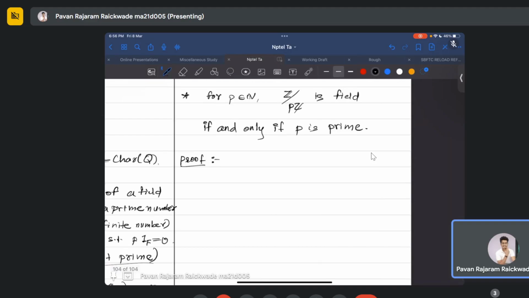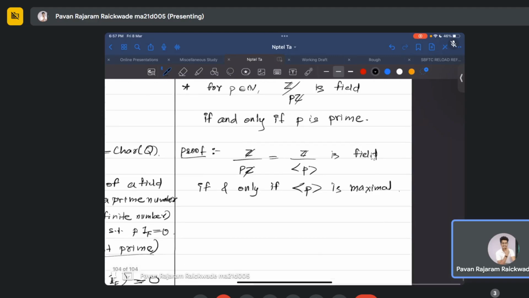Okay, so see, Z quotient pZ is basically Z modulo the ideal generated by p, right? And you know this is a field if and only if this is maximal.